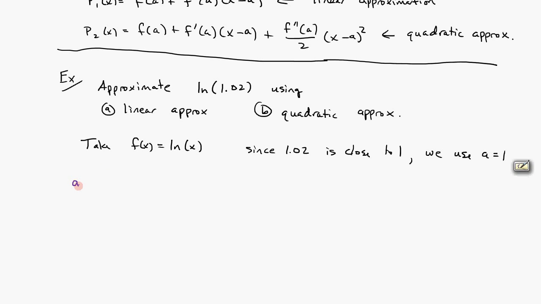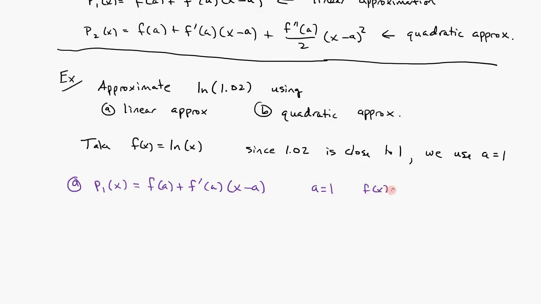Okay, so first the linear approximation. So again, the formula for the linear approximation, P1 of x, is f of a plus f prime of a times x minus a. So again, we have a is equal to 1.